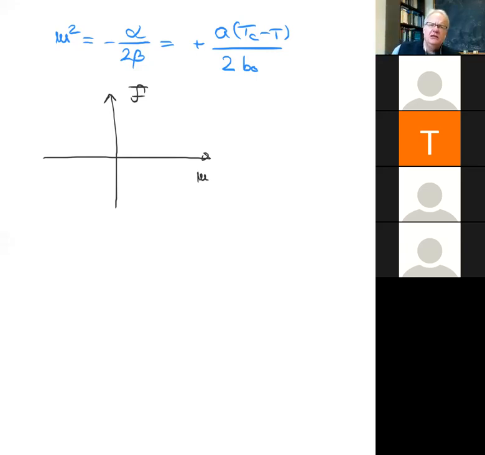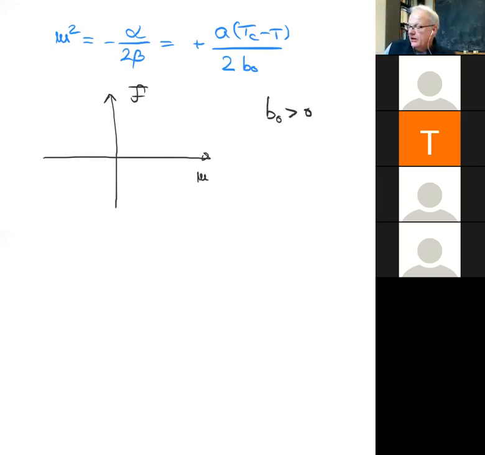So for the free energy to actually have a minimum, the quartic term must be positive. Otherwise, the whole free energy would be unbounded from below, and the magnetization would try to run off to infinity. So if this is a thermodynamically stable system, we assume that this is not the case. So we assume that beta naught is always greater than 0.